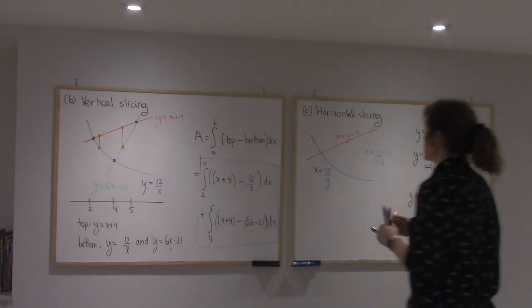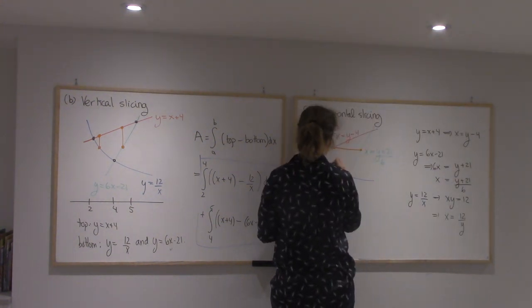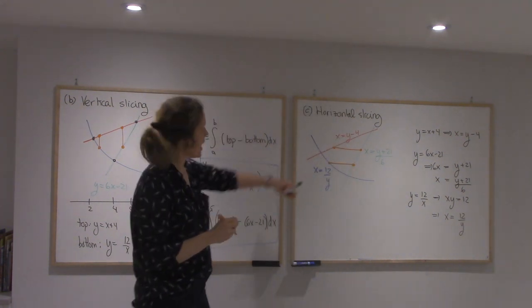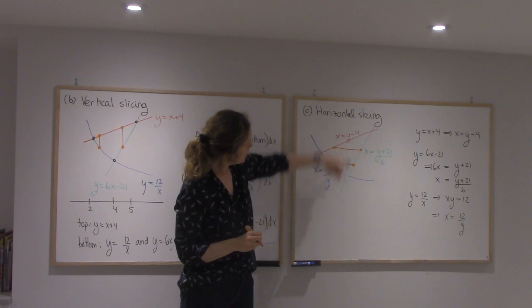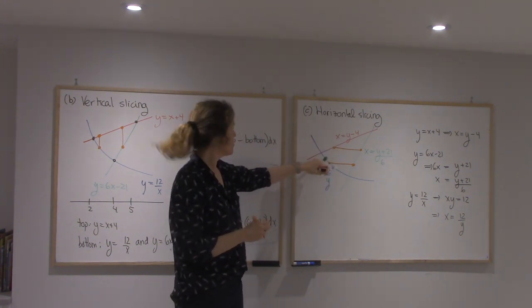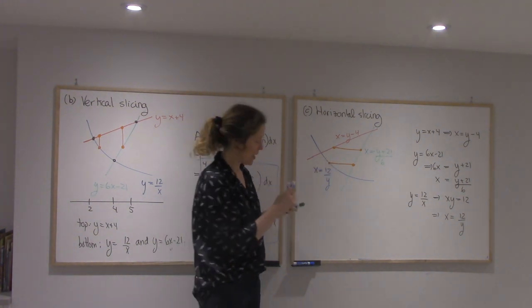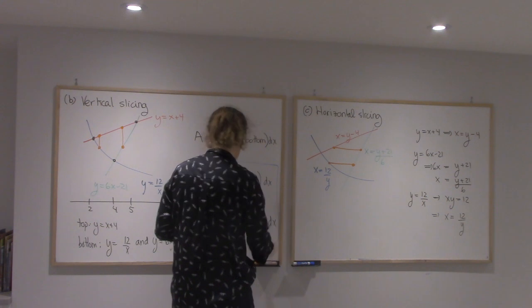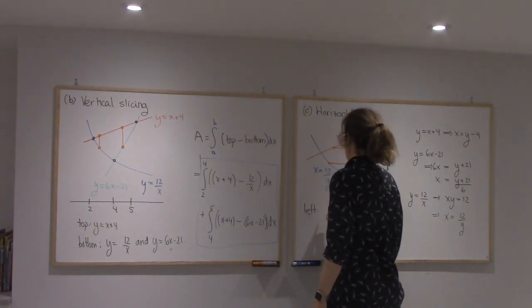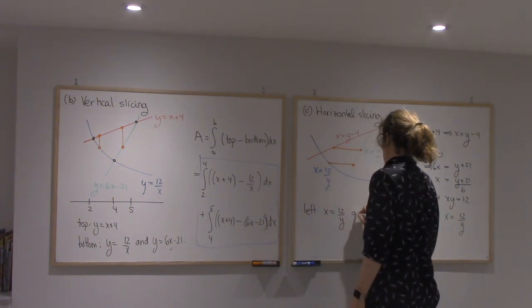Now this is horizontal slicing, which means that my little sticks are sleeping. Again, if I move up, one of the sides is going to switch, in this case from blue to red. So that means left is going to switch from blue to red. So left is going to be blue at first, and then red.